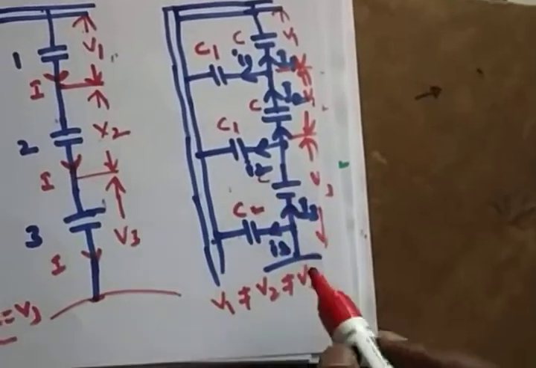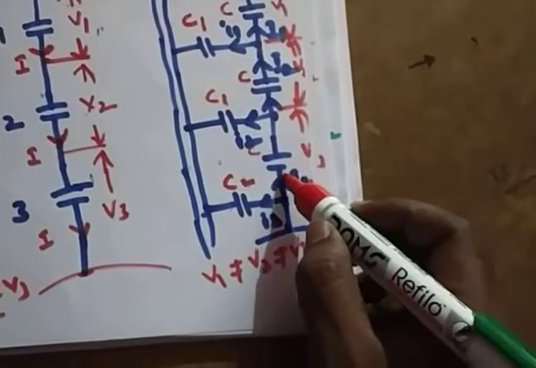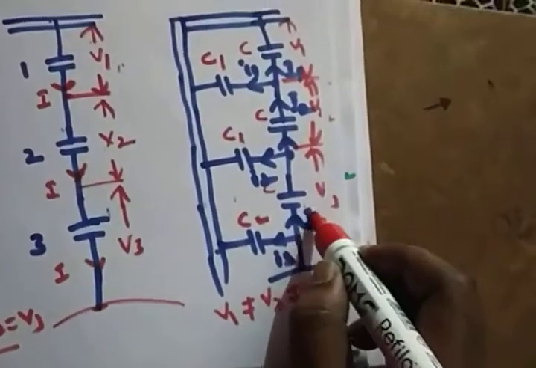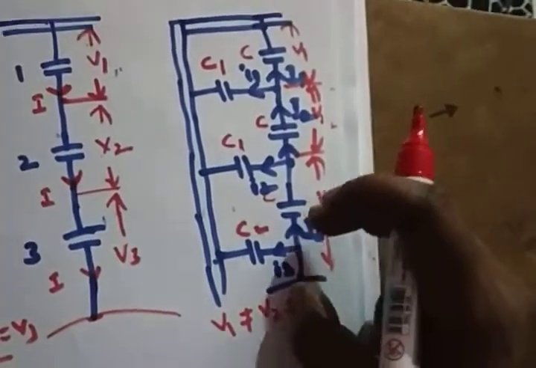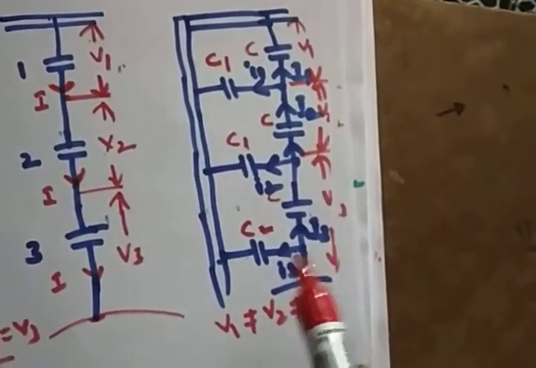Under this condition, you will clearly see that the disc nearest to the conductor has high voltage and high stress. Let me explain one more time.